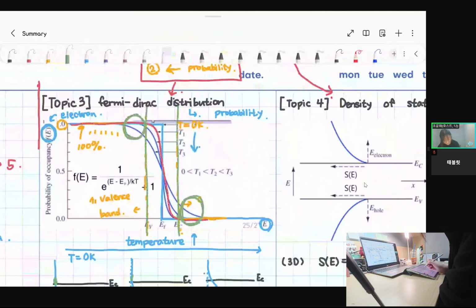When the temperature is 0 Kelvin, there is 100% probability that an electron can exist in the valence band, but as the temperature goes up, the probability is decreased a little bit, and on the conduction band side, the probability is increased a little bit.